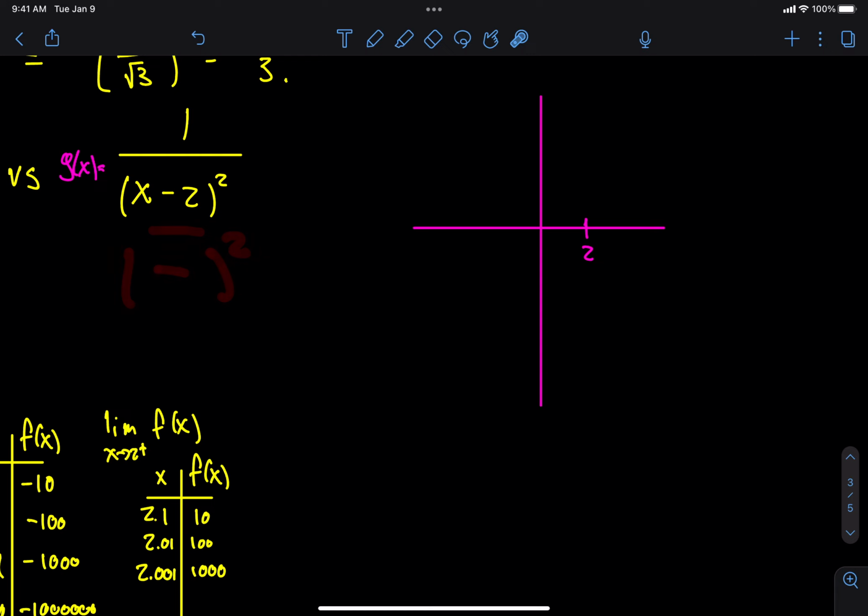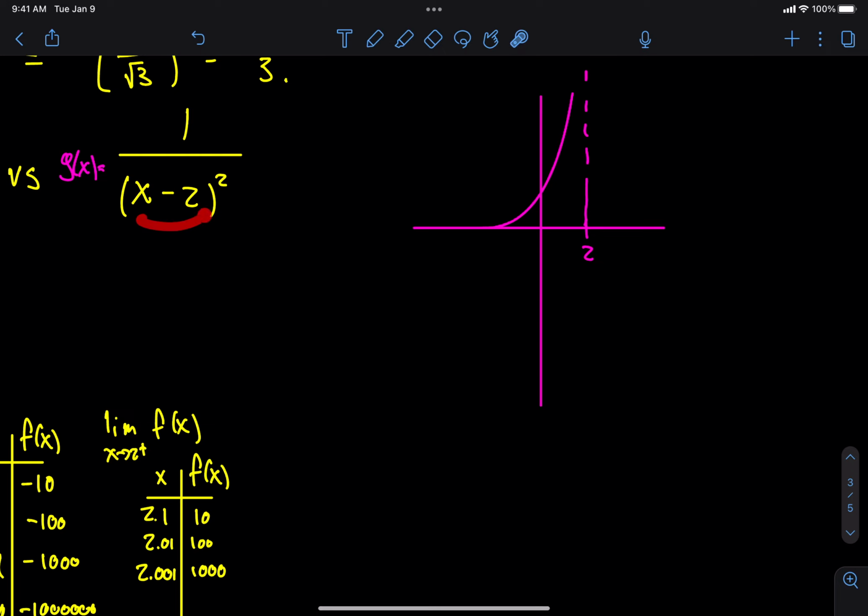So it'll be something on the top, which is 1, positive, divided by something on the bottom, which is positive and small. Divide a positive number by a very small positive number, you get a very big positive number as a result. So this is going to plus infinity on this side.